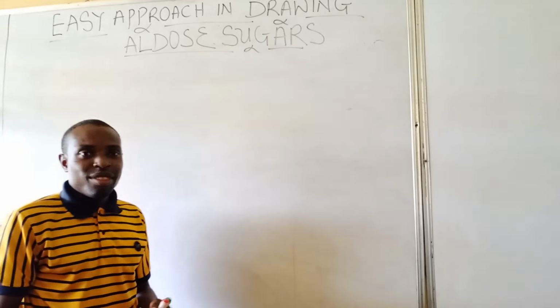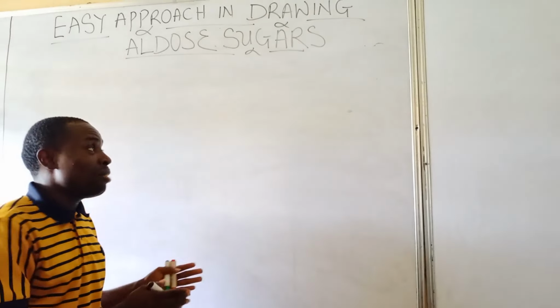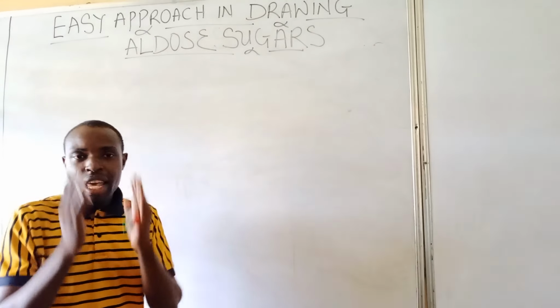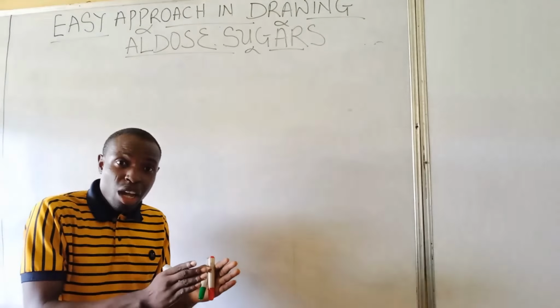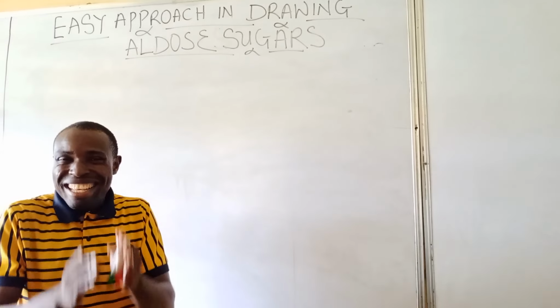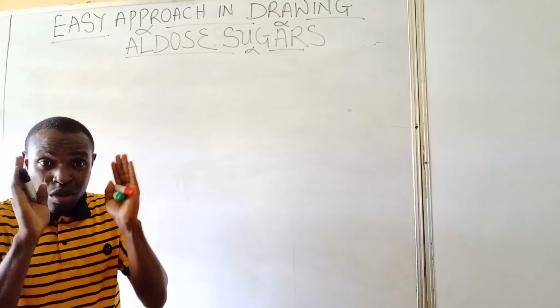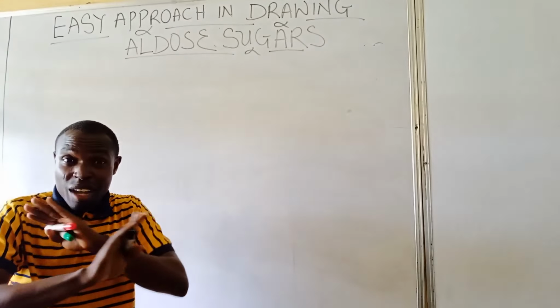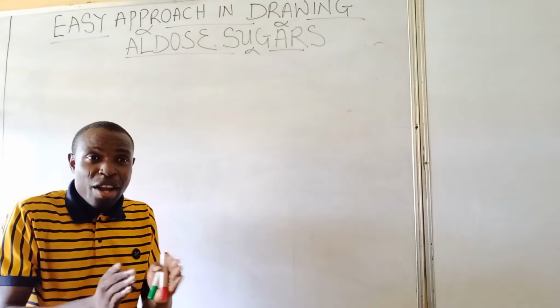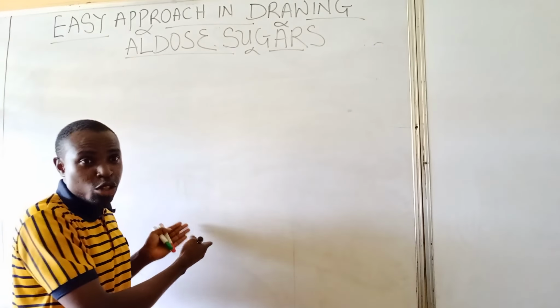Alright. So the next in our video right now is the aldoses, which have an aldehyde functional group and contain 6 carbons. So we start with the first one. It's very, very easy, the same rule we did. So let's continue.